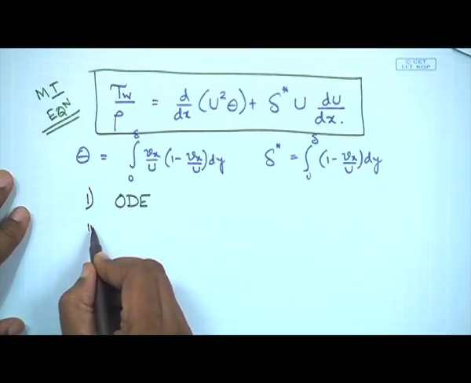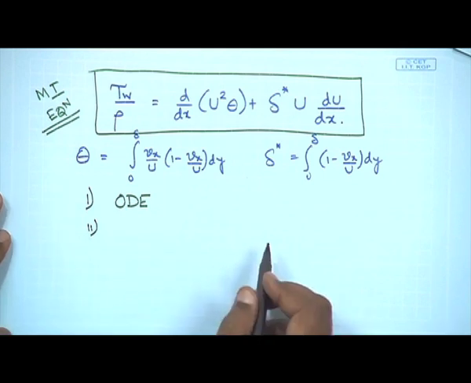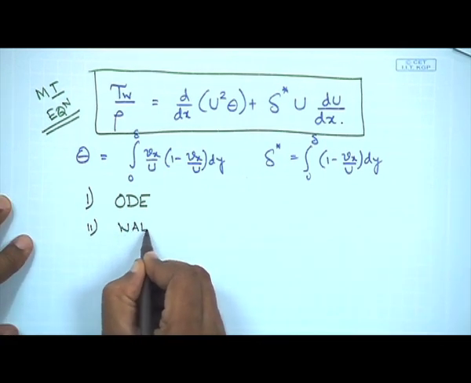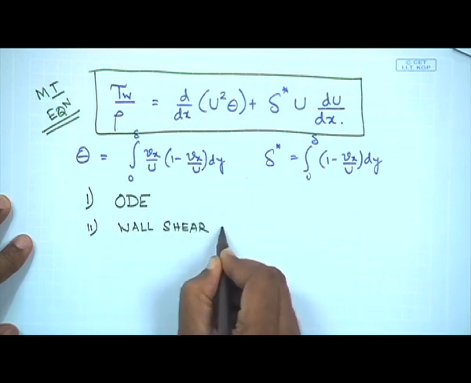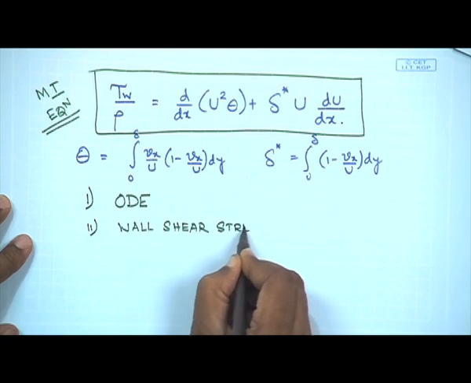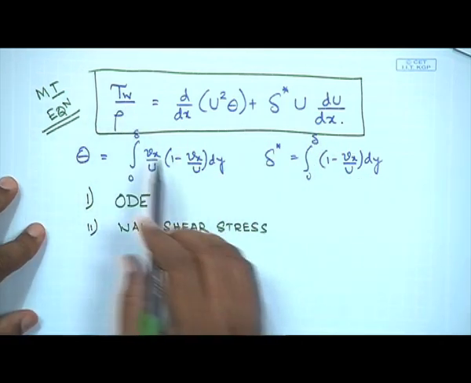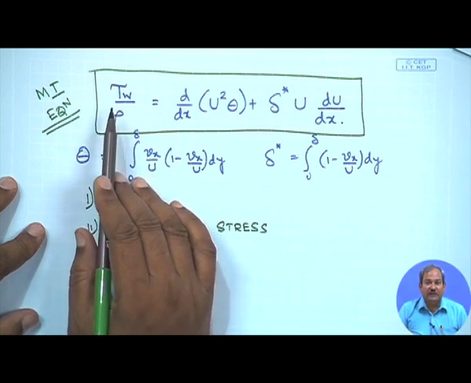The second thing that you would see is that the wall shear stress appears in this expression, and we haven't made any suggestion about the relation between tau w and the velocity gradient.